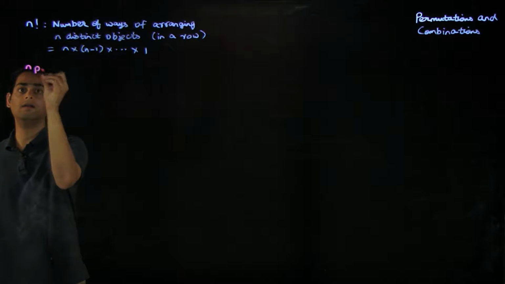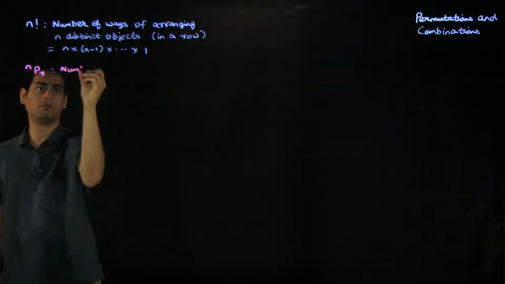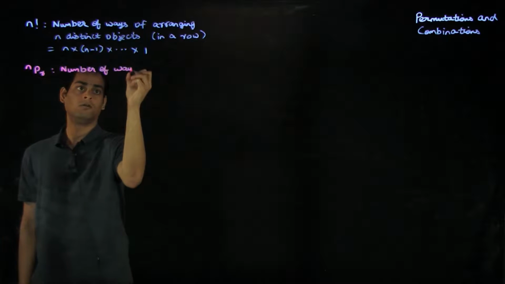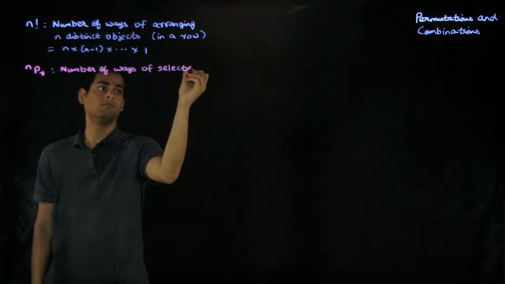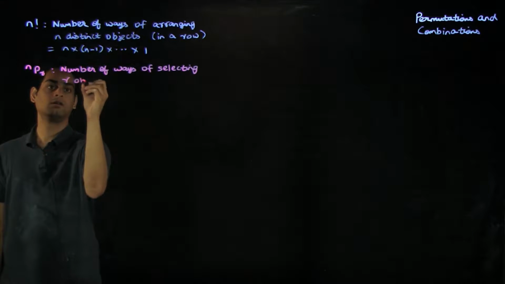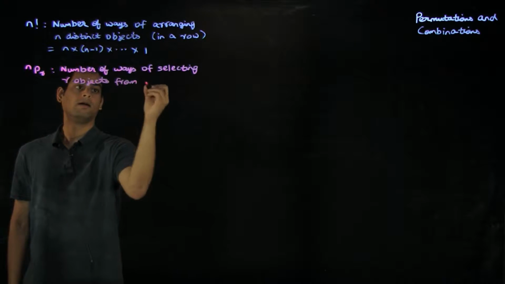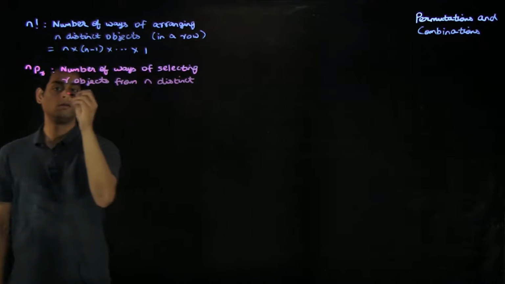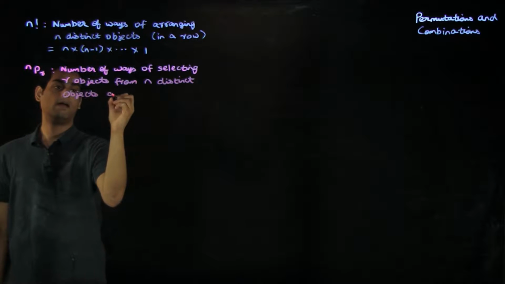So NPR is the number of ways of selecting R objects from n distinct objects and arranging them.